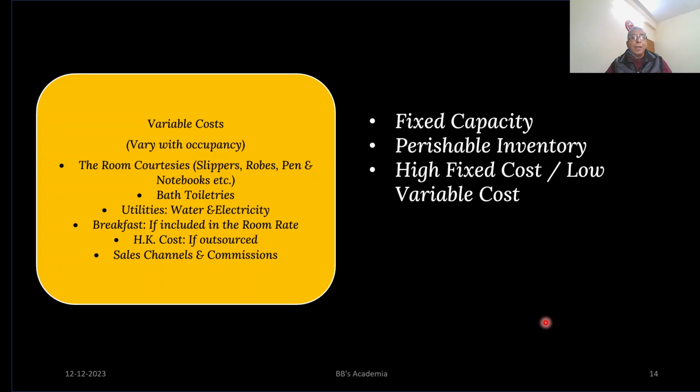Breakfast, if they are staying, and if breakfast is included in the room rate, they will consume the breakfast. Housekeeping cost, if it is outsourced.